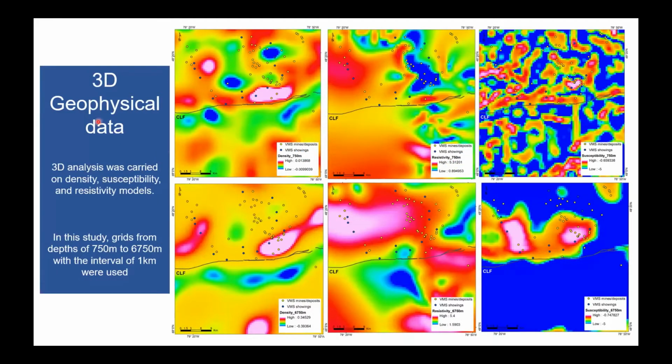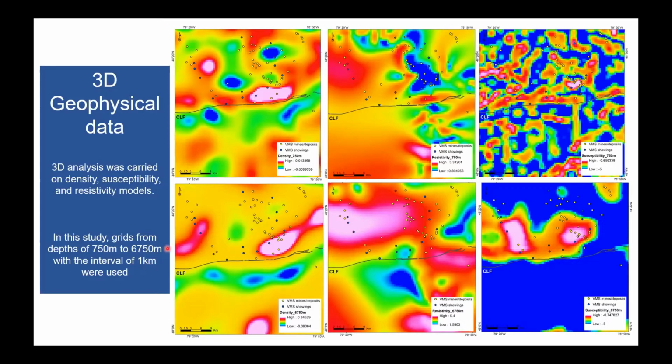We also used 3D geophysical data, including density, susceptibility, and resistivity models. Mustafa gave the details on these data. In this study, we selected grids from near surface to a depth of 6,750 meters with an interval of 1 kilometer.